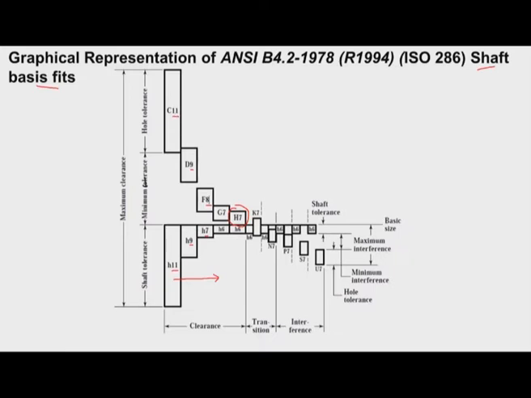So for this particular IT 11, this is C11, this is the hole tolerance, and for this H11 this is the shaft tolerance, and you can see there is a wide gap between the C hole and H shaft, and this is the minimum clearance we can get.